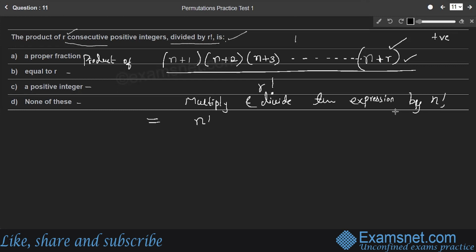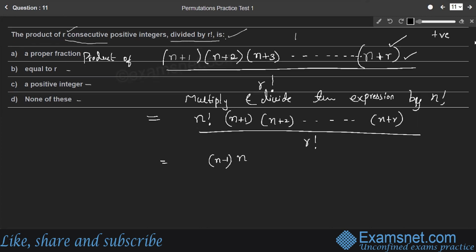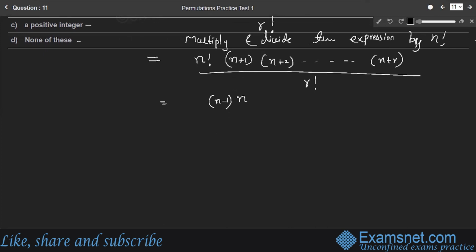So the given expression becomes factorial n into n plus 1 into n plus 2, and so on up to n plus r, divided by factorial r. Here factorial n is written as n into n minus 1 into n minus 2 into n minus 3, and so on up to 3 into 2 into 1.